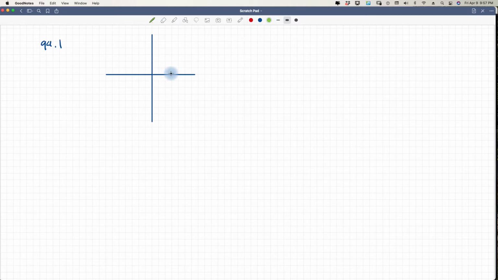So 1, 2, 3, 4, 1, 2. That's 4, 2. And point -3, -2. And that's going to be here. And we're going to have a line between the two of these. All right, that is the line on our graph.